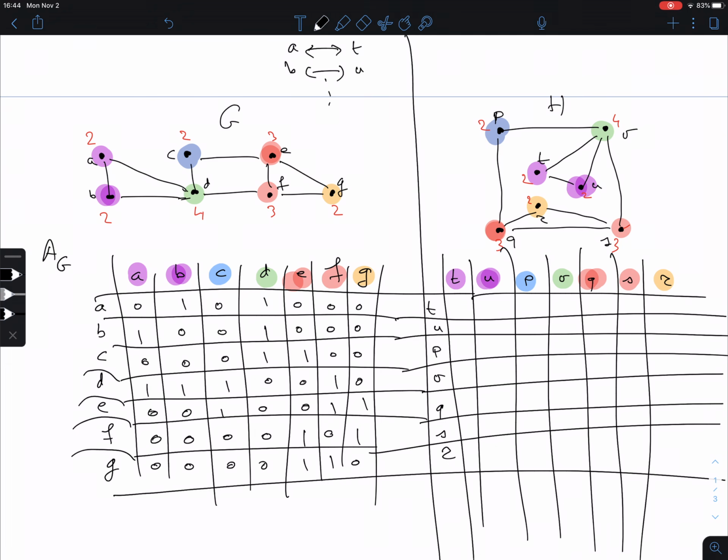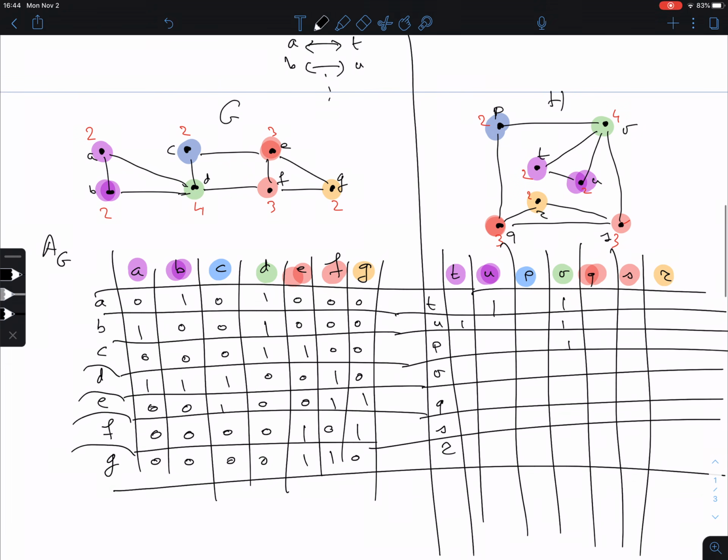So what are the neighbors of T? The neighbors of T are U and V. The neighbors of U are T and V. The neighbors of P, where is P? P has two neighbors, V and Q. V has a lot of neighbors: P, T, U, and S. Q has the neighbor P, S is a neighbor, and R is a neighbor.